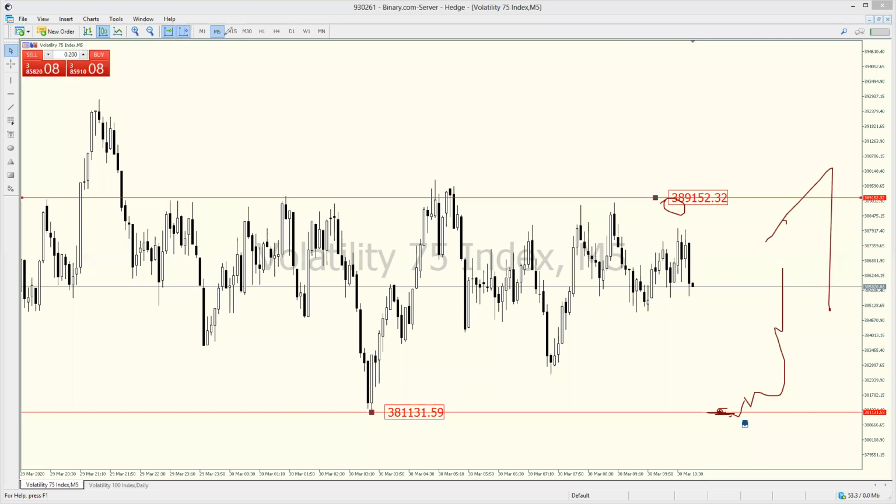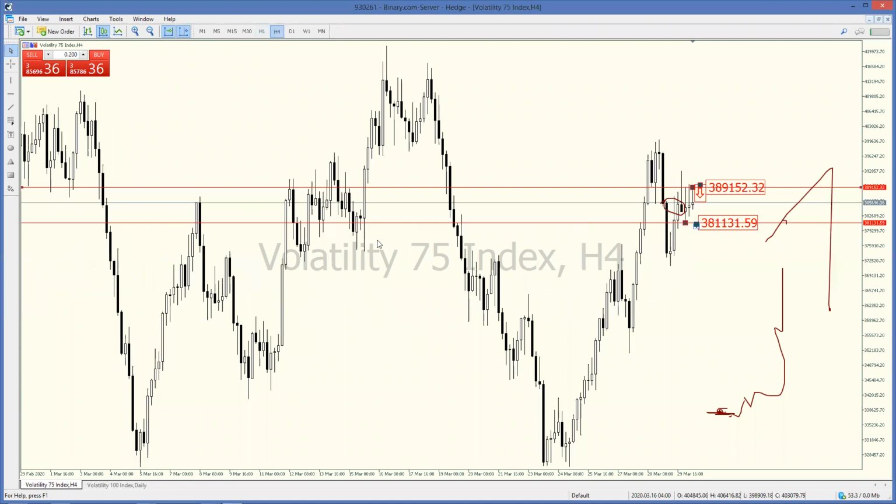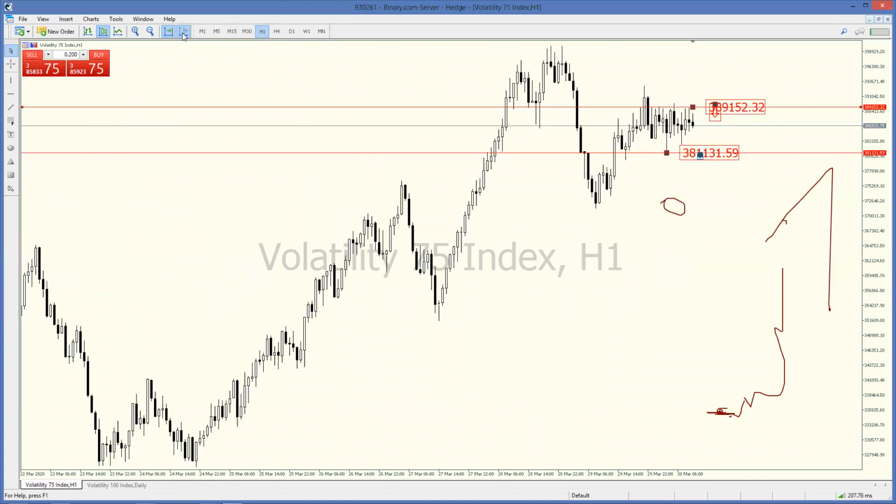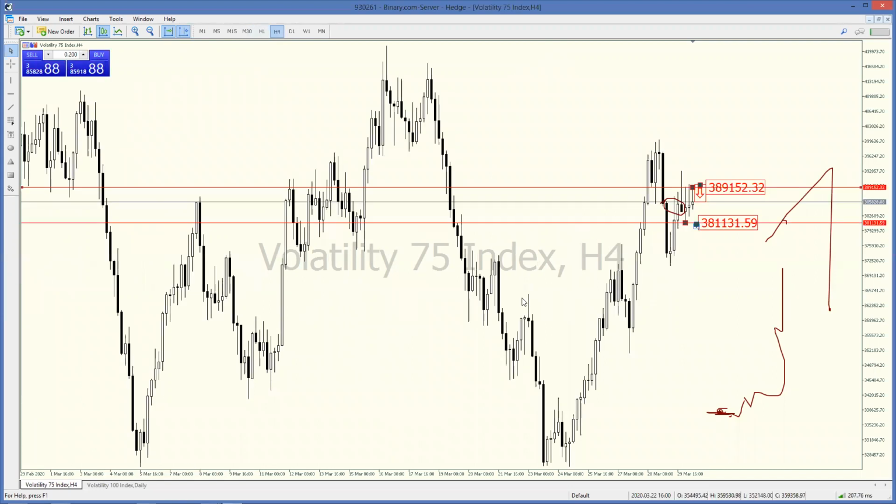But did you see how I got everything? I came to H1, identified the tips on H1. Can go to H4, it doesn't matter, depending on what you're comfortable with. Okay. But identified these tips. You use lines, you don't have to use any, you can use a line like this. Try to align the tips as perfect as possible. Okay, you can see this right there.